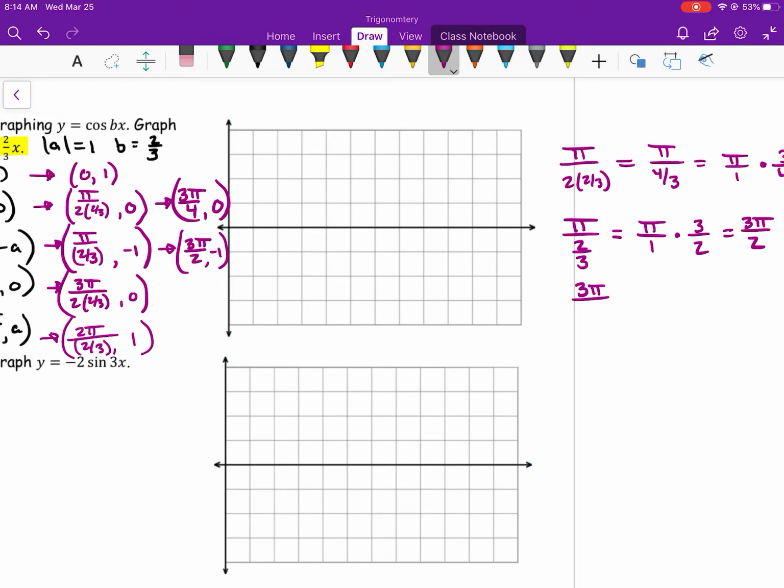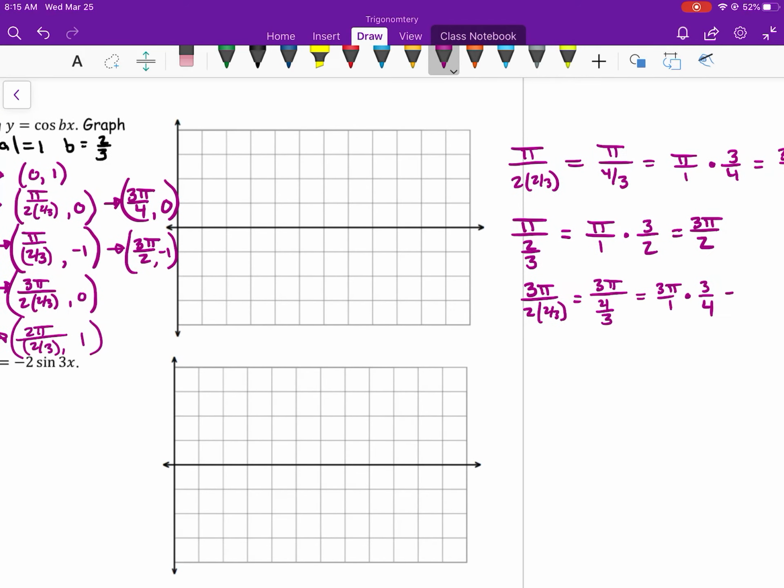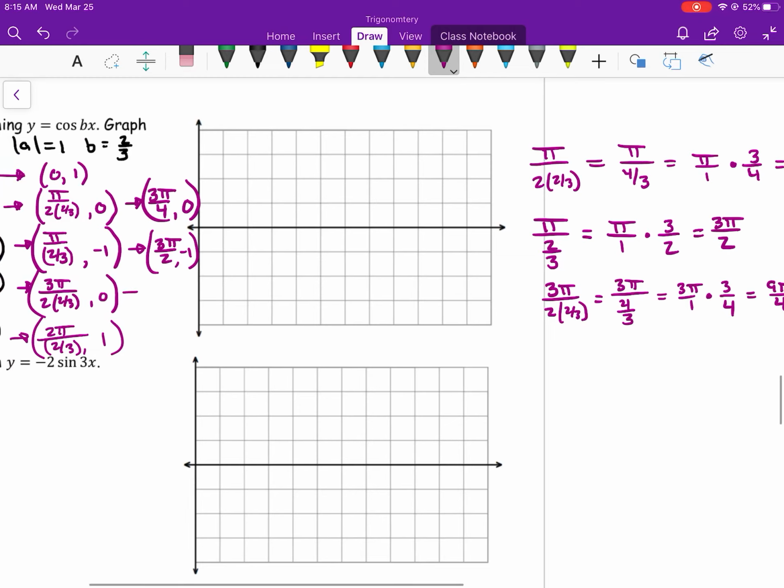And now we'll do our next one, 3 pi over 2 times 2/3, which equals 3 pi over 4/3. 3 pi over 1 times 3 over 4. Which will give me 9 pi over 4. Okay, so we got 9 pi over 4, comma 0.